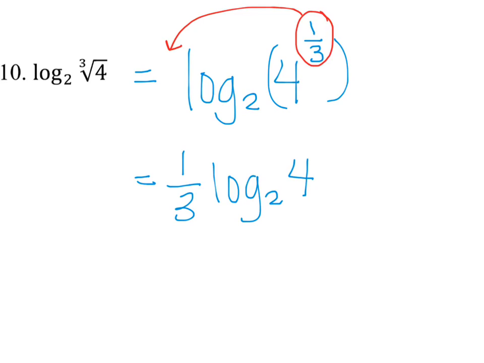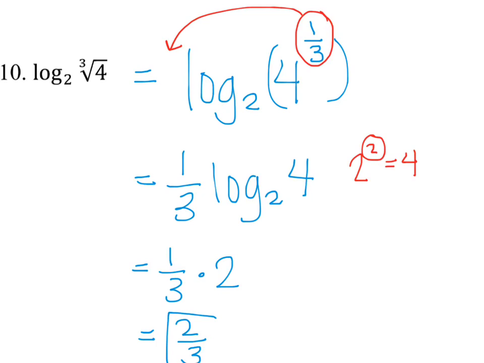And then 2 to the 2 is equal to 4, so log base 2 of 4 is 2. So my answer is that exponent. So this is 1/3 times 2, which is just equal to 2 over 3. So it'll be very similar for 9, 11, and 12.